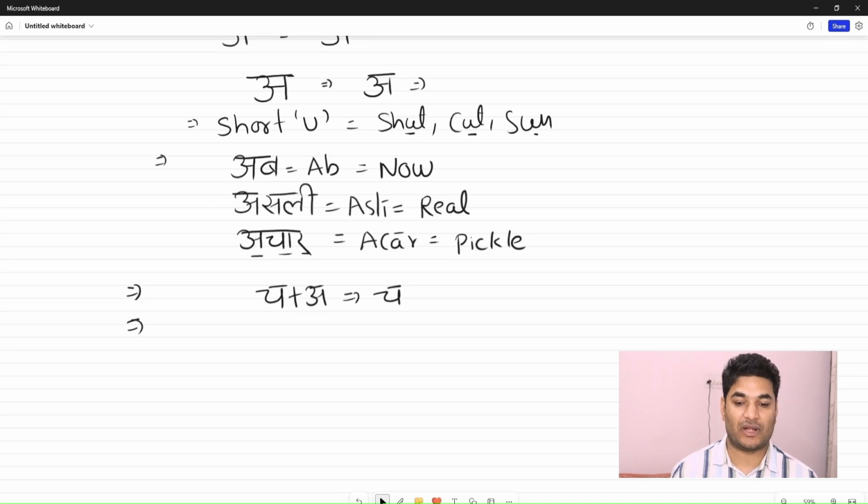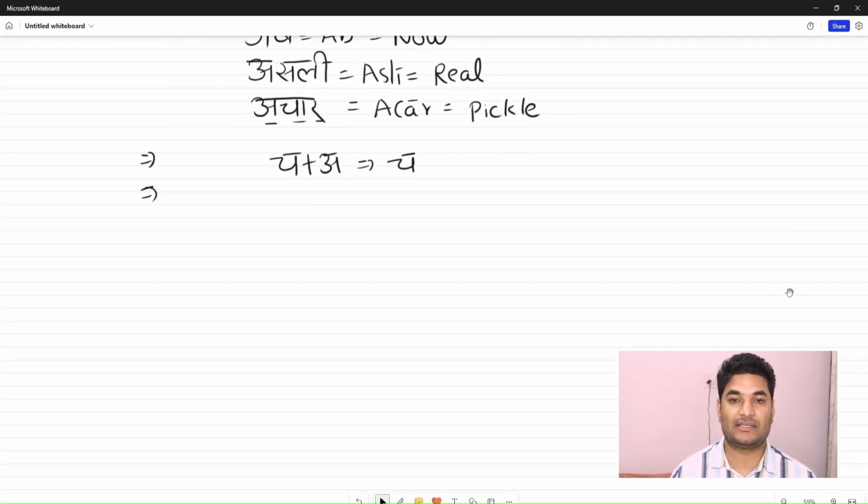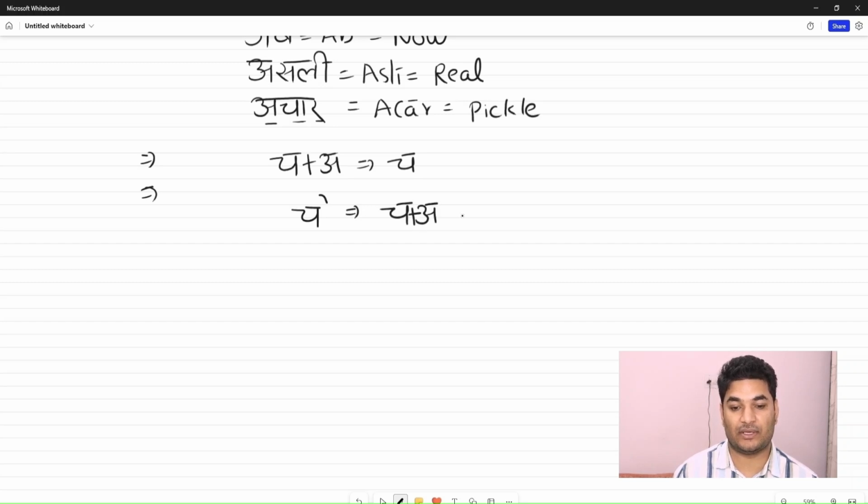Now, what is a matra exactly? When we put a matra, we are putting the vowel as a symbol on a consonant, right? So when ch plus a does not work together, there is no need to put a matra here.